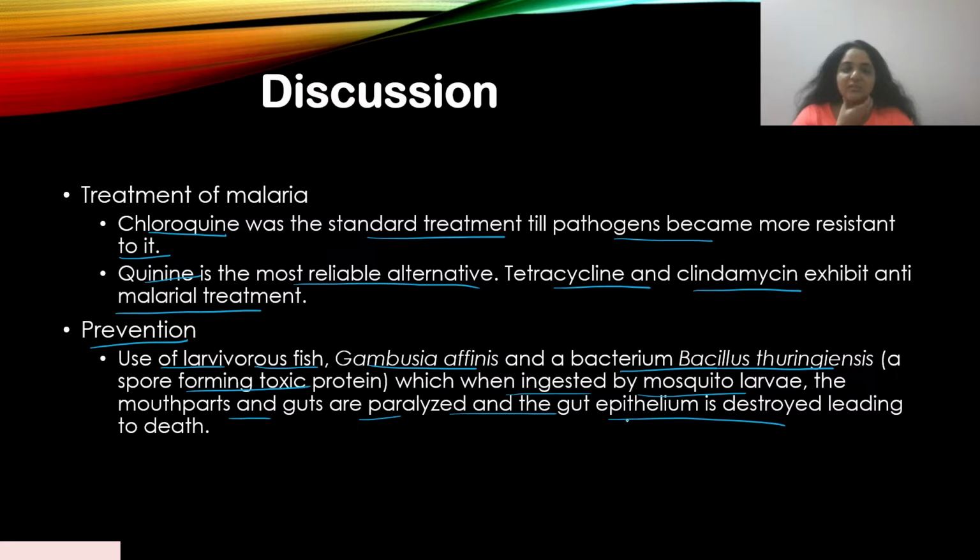So there is a fish which feeds on larvae, which makes it easier to prevent the proliferation of larvae in stagnant water. Especially in stagnant water, malaria is an issue. And Bacillus thuringiensis, when ingested by the mosquito larvae, can kill the larvae.